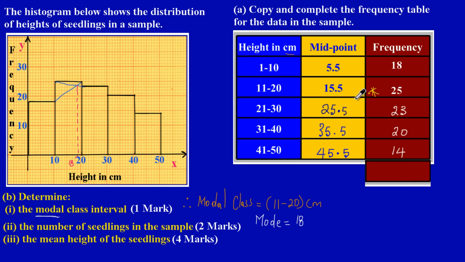Now, if they are asking us to calculate the number of seedlings in the sample, then 18 seedlings have an average height of 5.5, 25 seedlings have an average height of 15.5. Then obviously, when I add up my frequency, that would give me the total number of seedlings in the sample.